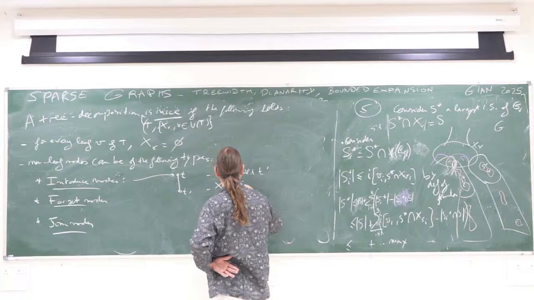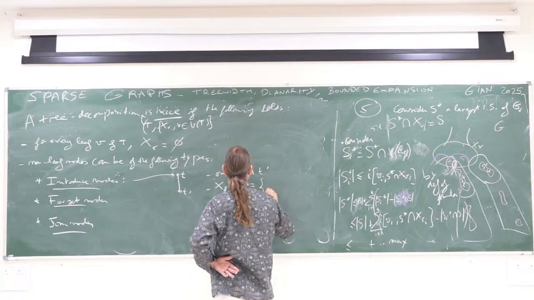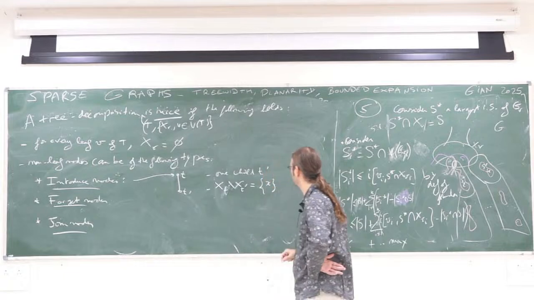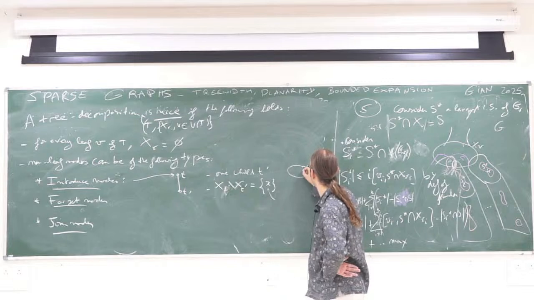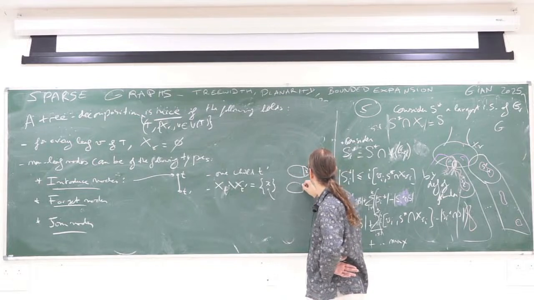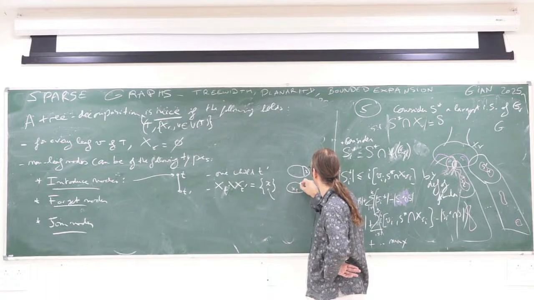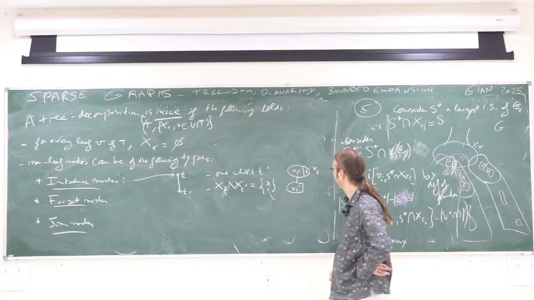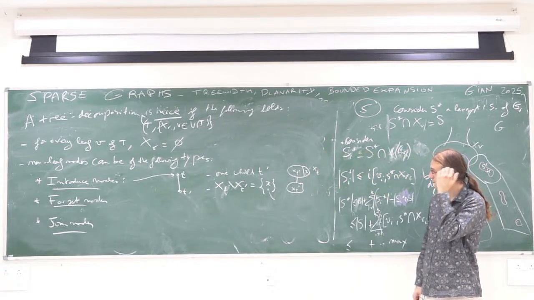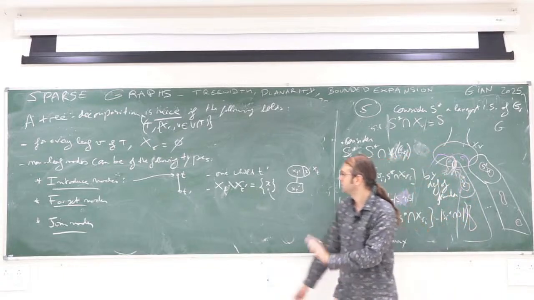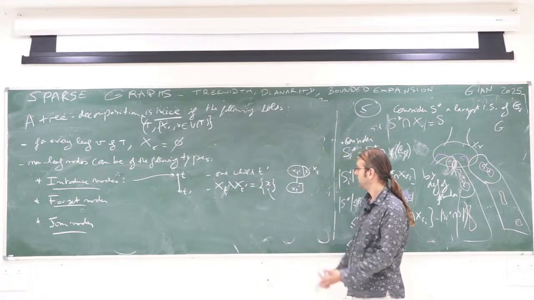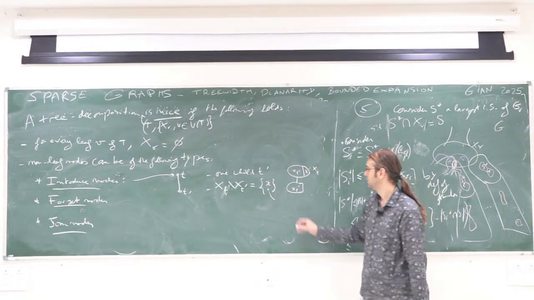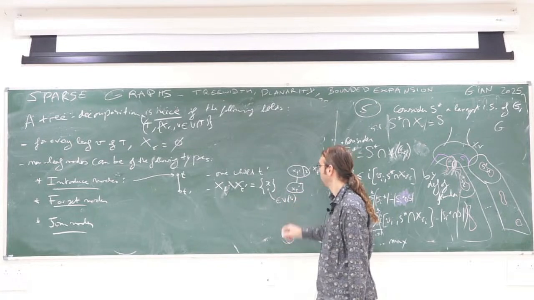Xt minus xt prime will be some vertex x. So the difference is only 1 between the two. So this one has 1 less, and this one introduces a new vertex of the graph, let's say x. So it's called an introduce node.